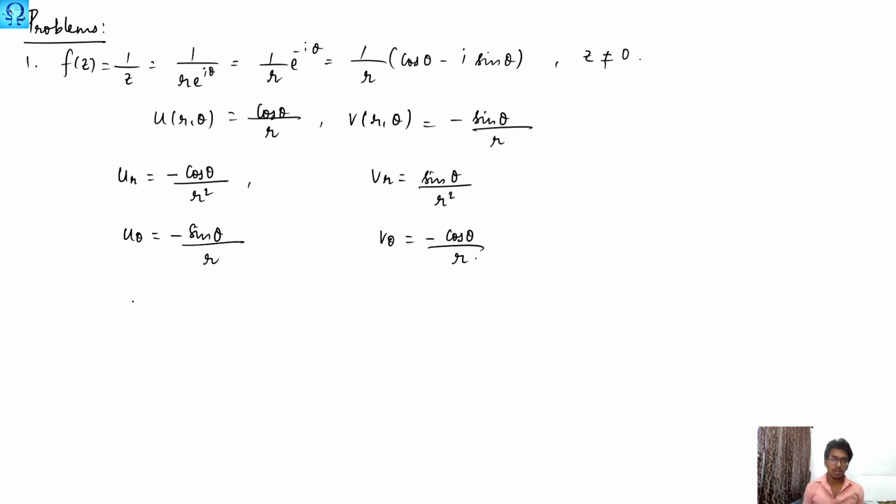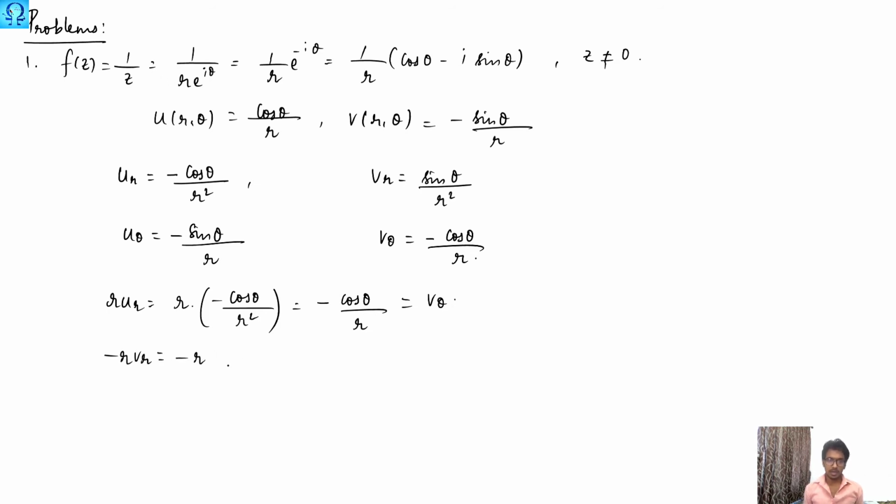Now let us see what is r u r. r multiplied with minus cosine theta upon r squared becomes minus cosine theta upon r. So this is my v theta. So the first condition is verified. The second one is minus r v r, right?